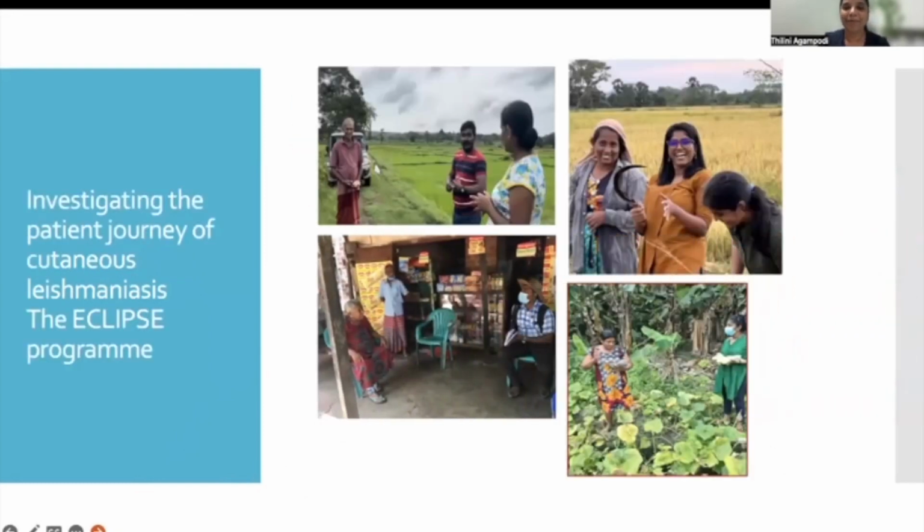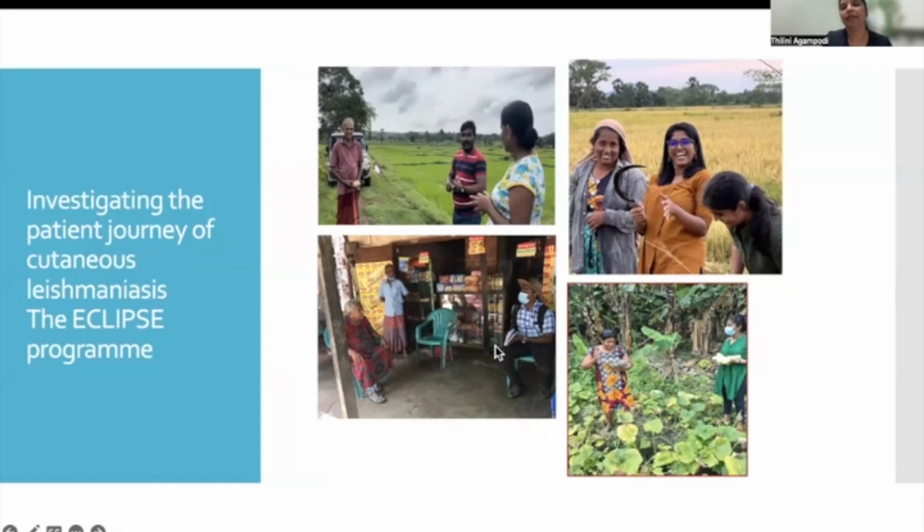So these are some of the pictures from the ECLIPSE study on cutaneous leishmaniasis. We are studying the patient journey and stigma on CL, where researchers live in the environment. These are researchers, actually.